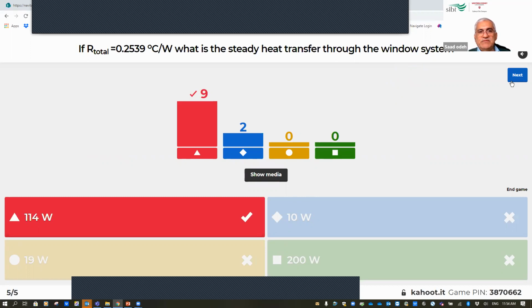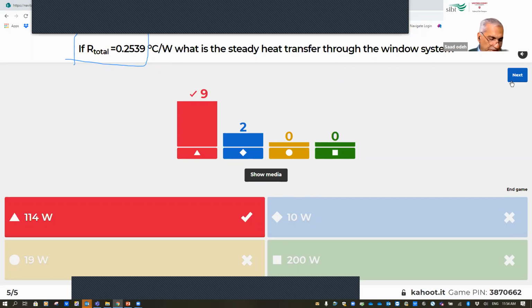If you have any problem in finding the Q or heat transfer by using the R total, the total thermal resistance, because this value was already found by adding 5 thermal resistances. Remember, we mentioned these thermal resistances. So we gave you the total now, but in the solved problem, you can find each one of them separately.